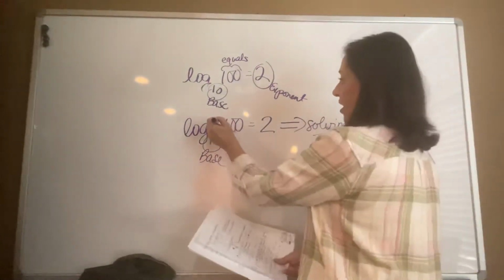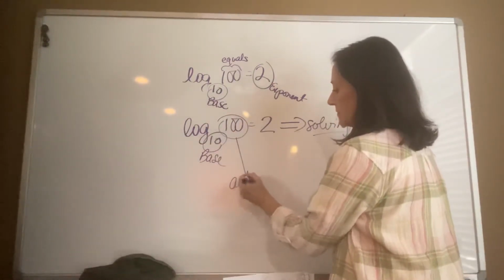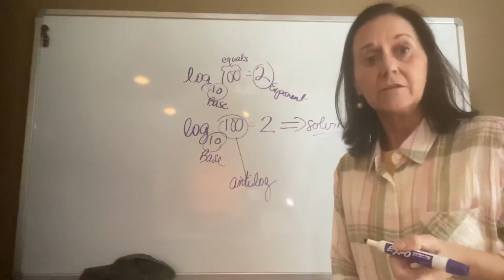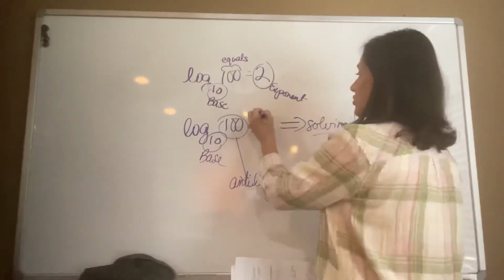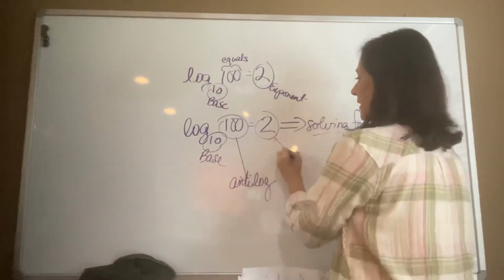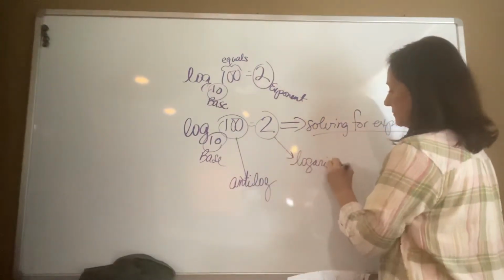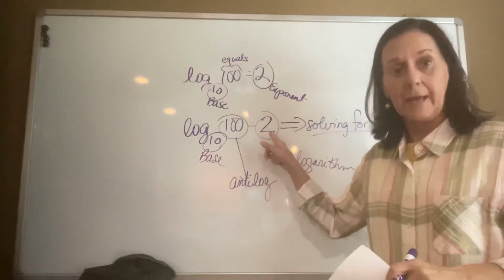The 100 is called your antilog, or your antilogarithmic. And then the 2, which is your exponent, is called the logarithm. That's what we're solving for, the logarithm.